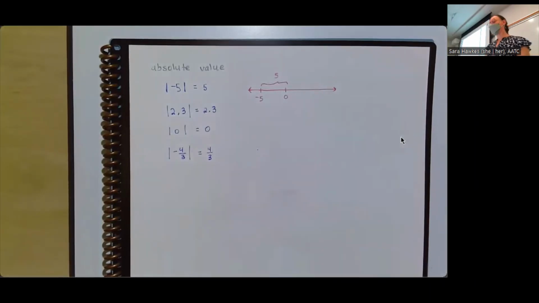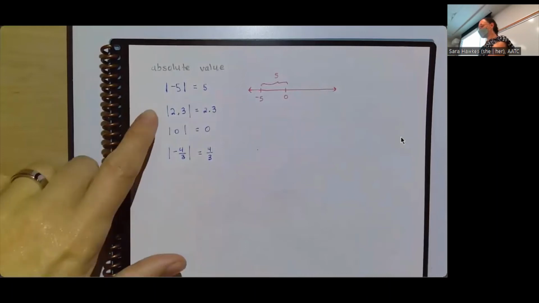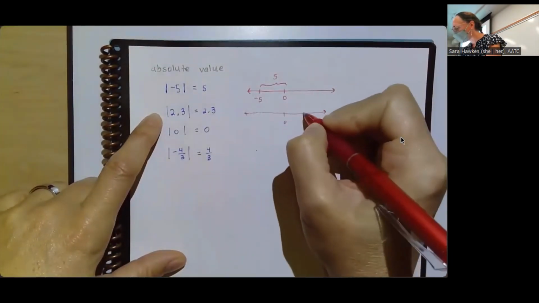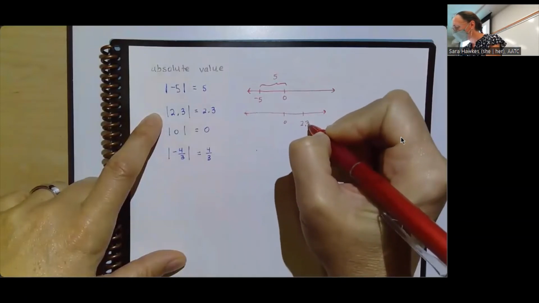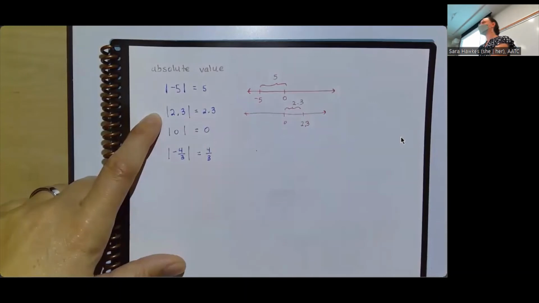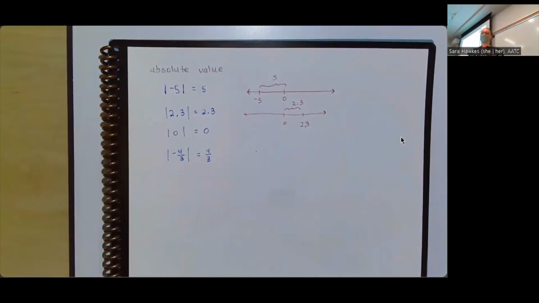Which is why if we think about absolute value as a distance on a number line, it's always going to spit a positive number out for us. So if we think about 2.3 on that number line, here's 0, here's 2.3. The distance between 0 and 2.3 is 2.3. There was nothing to do to it. I didn't have to make it positive or make it negative.